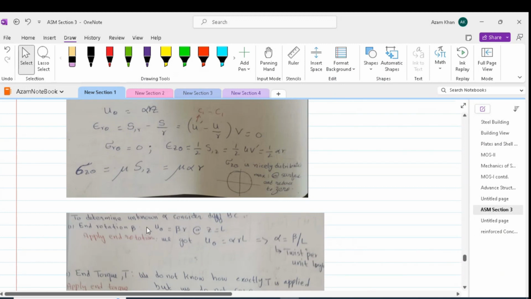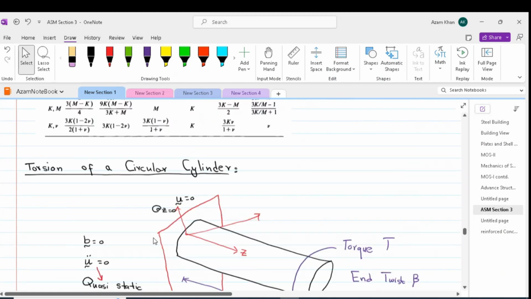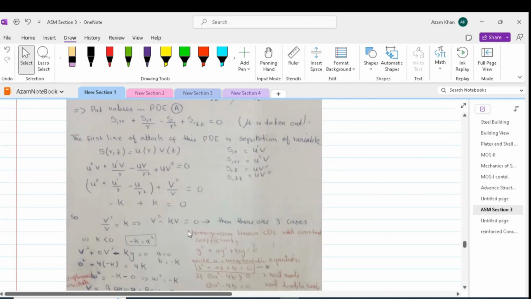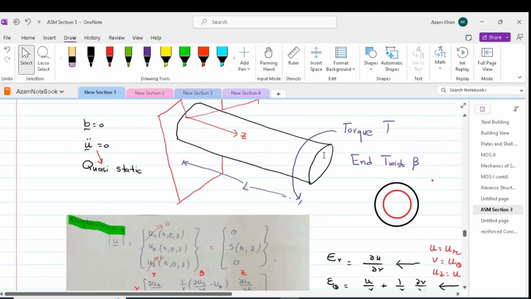This alpha can be worked out by considering the boundary conditions. So for example, if we have this body, and a twist is applied at the free end of the cantilever, then we can say that the end rotation is beta times r, where r is the radius where we are applying the angular displacement beta.